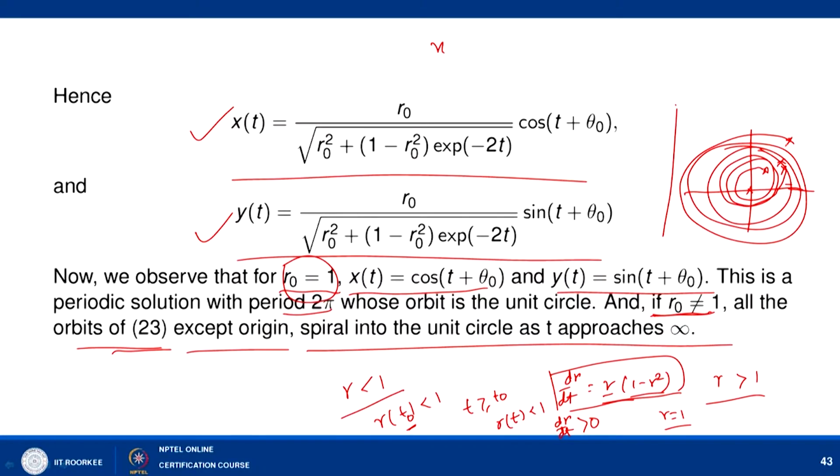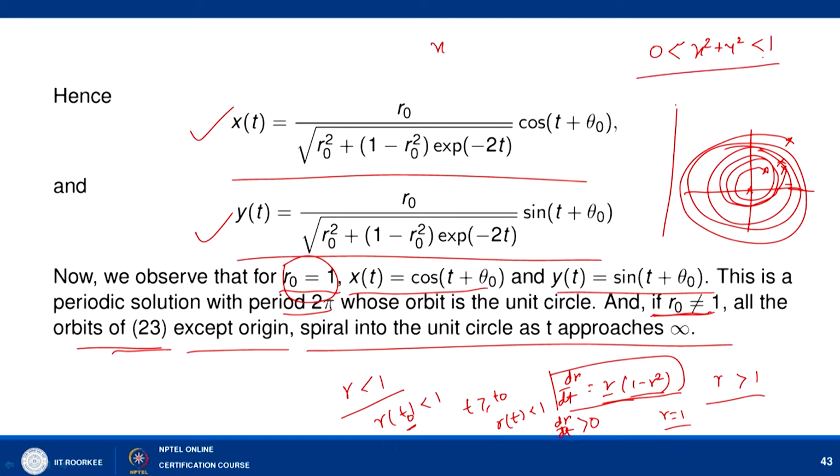So, by this we can also ensure that the orbit must spiral into a simple closed curve, and that simple closed curve corresponds to a periodic solution. If you look at the previous example, your solution remains bounded in a region where x squared plus y squared is less than 1 and greater than 0.